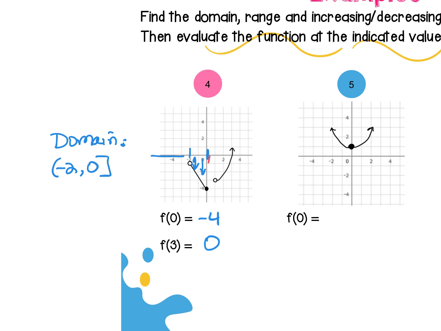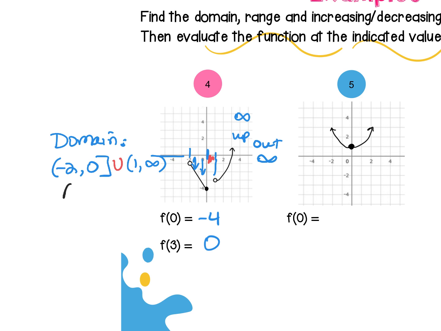Then I've got a little gap here, so I'm going to union it. It's an open circle, so it'll be a parentheses, and this X value is at 1. And then notice again, it's going up and out, this arrow. So it's going out to infinity and up to infinity. So then parenthesis infinity.